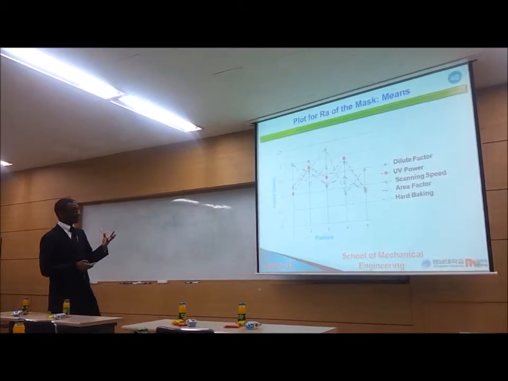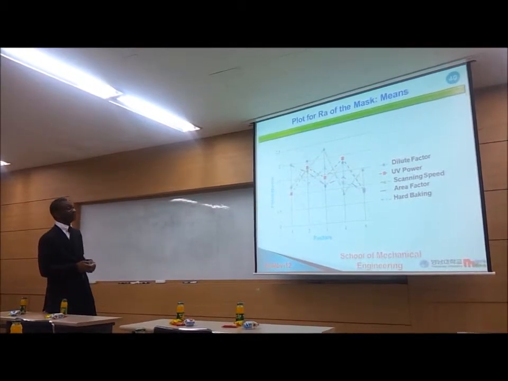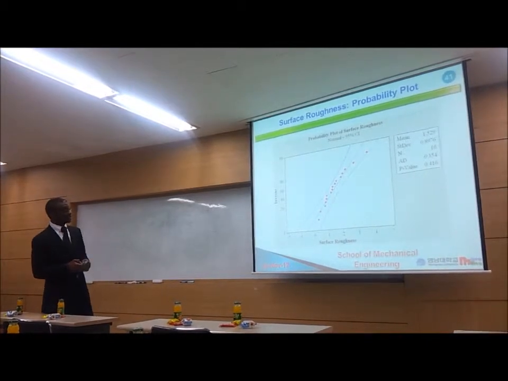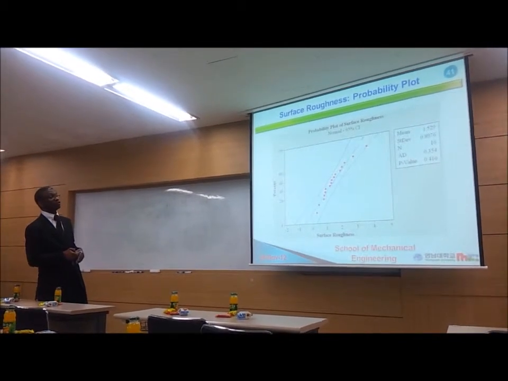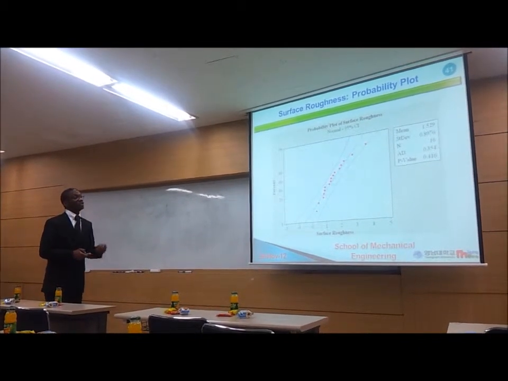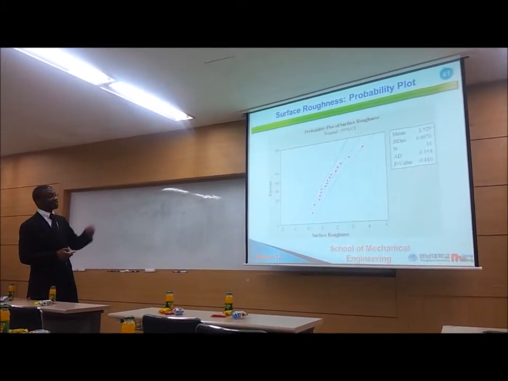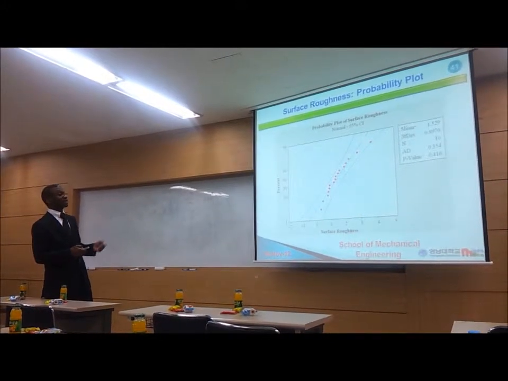So when making the analysis, I had to keep considering my 5 parameters. Then I checked my probability again to see how the data are arranged for surface roughness. I found my p-value was 0.416, which is more than 0.01. So again the data was well arranged, and the result can make sense.